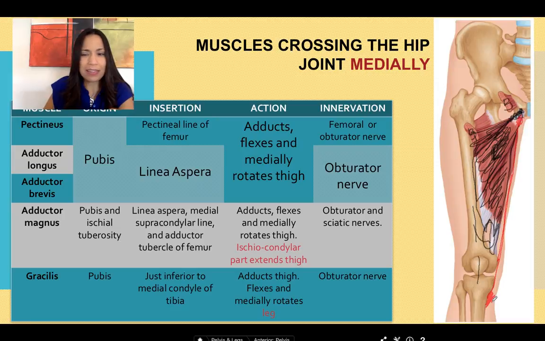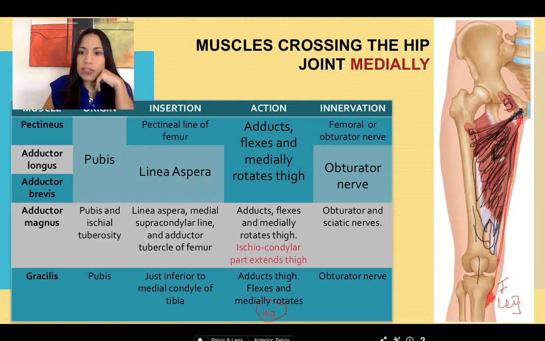So if it has the same insertion as the sartorius, you can understand that this one can flex the leg. It's the only one from the adductor group that can flex, and actually also medially rotate, the leg. The rest of the adductor muscles have no attachment on the bones of the leg, so they have no actions on the leg, okay?